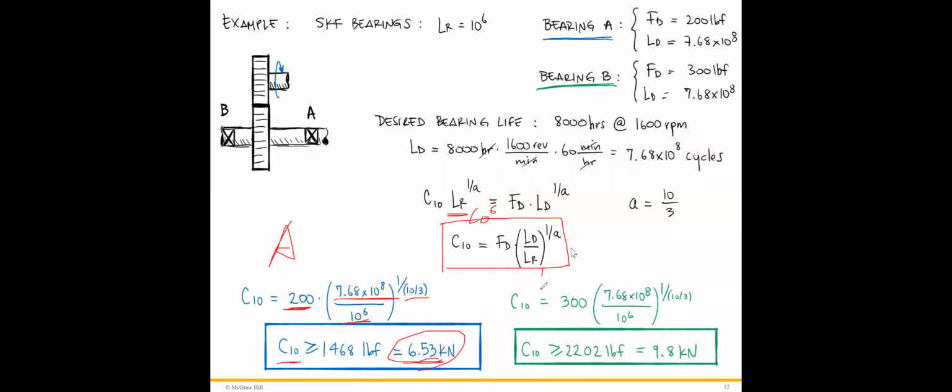And for bearing B, whose desired force is 300 and with the desired rating life, we calculate its C10. It's 9.8 kilonewton. So we can select bearings A and B from the catalog based on these two numbers.